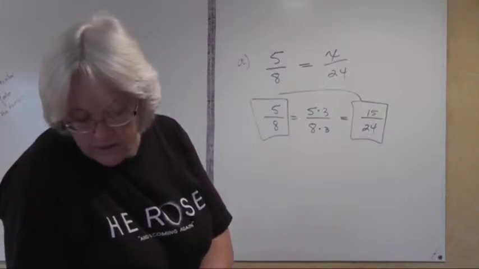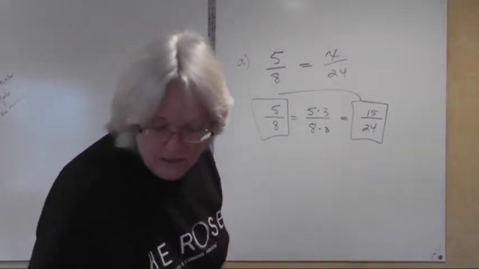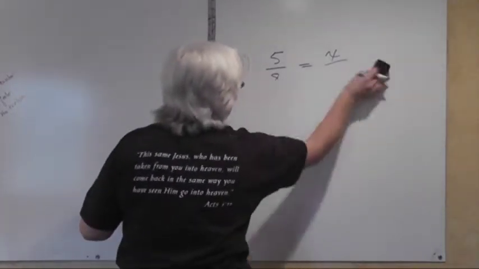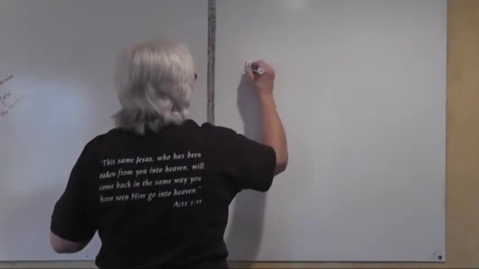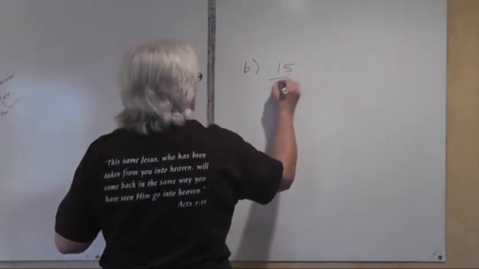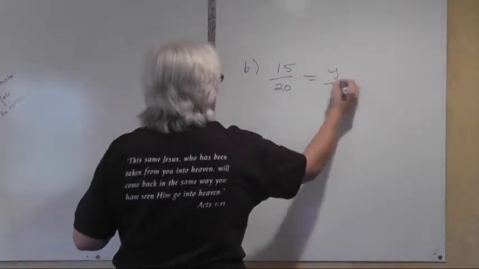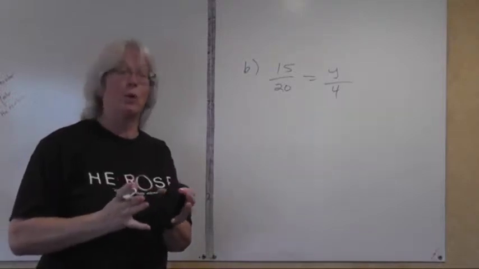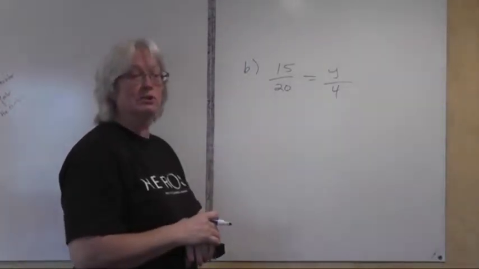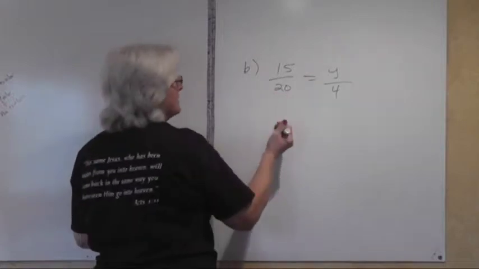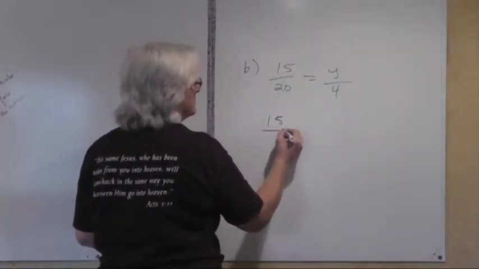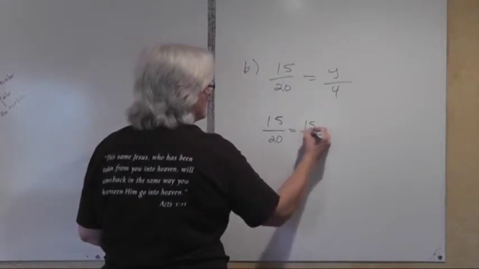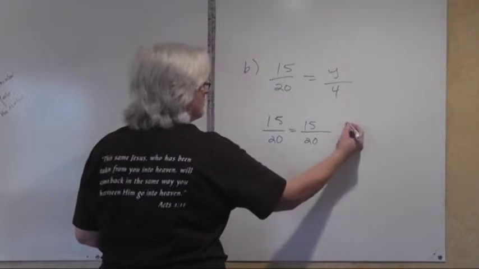Now, if we wanted to write this equivalent fraction, 15/20 is equal to y over 4. We have to figure out what value we need for y here so that we have an equivalent fraction. We've already done something to this 20 so that we can arrive at 4.